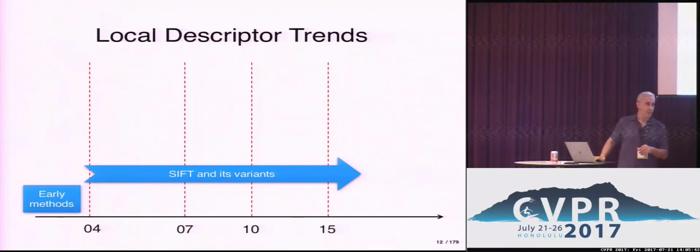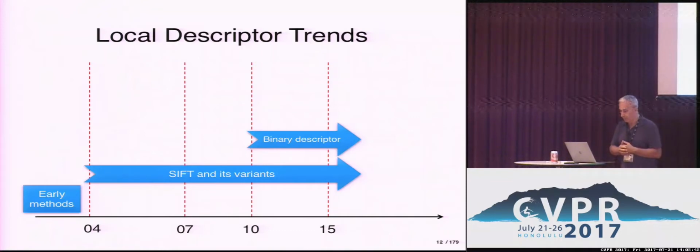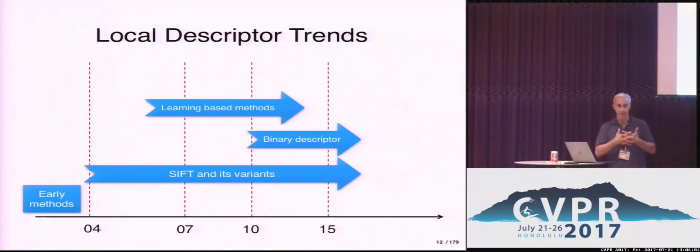But things don't stand still, so eventually people worked on improving SIFT. So one of the improvements was to use binary descriptors, and we'll talk about that later in the tutorial, to make it faster and more efficient. Then, of course, around the same time, machine learning became big in computer vision.